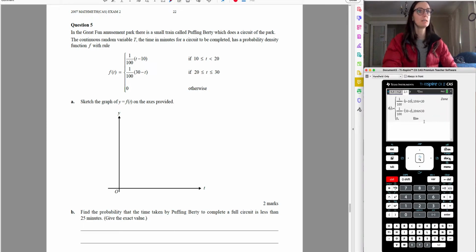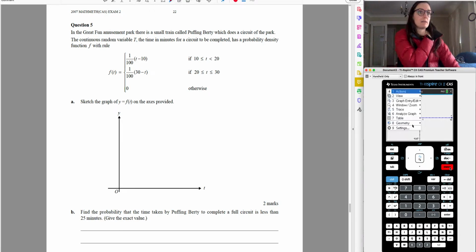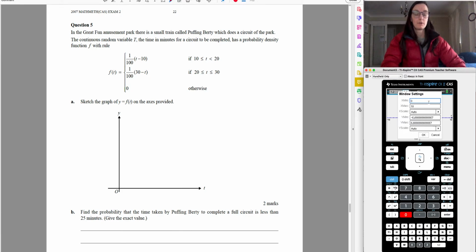Now let's draw it. Add a graphs page, f of x, and we're going to have to zoom out so we can see from, so window, let's go from 0 to 40, and let's go from 0 to, I don't know how big it'll be, let's go 50 and see.